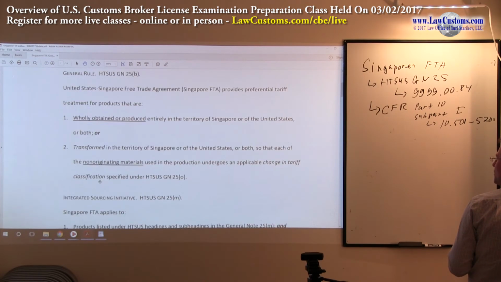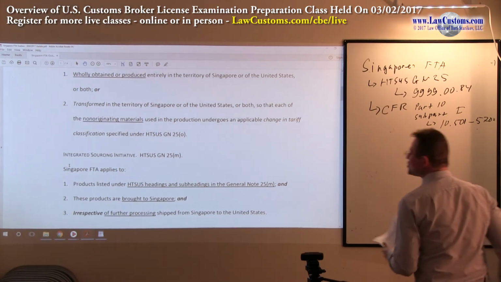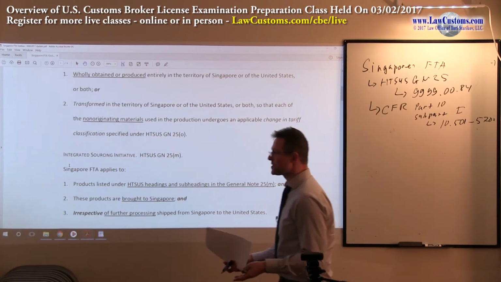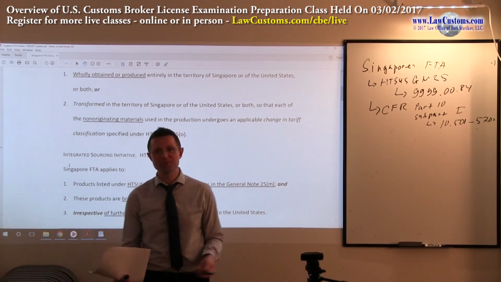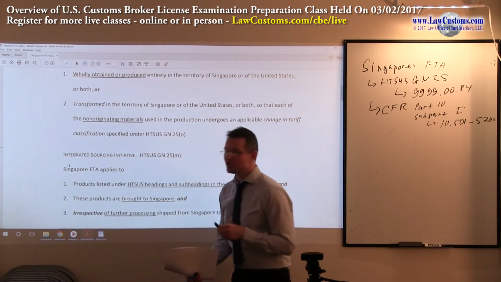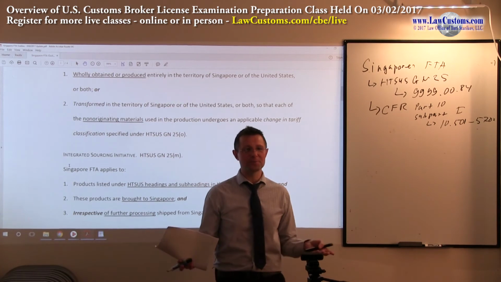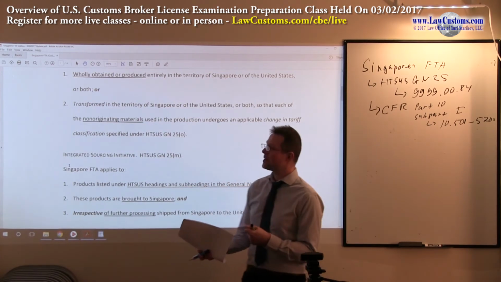All right, so we start off with general stuff, right? How do you qualify something for the Singapore Free Trade Agreement? Well, of course, pretty much the default, if it is made in Singapore, completely 100%, then it qualifies under the Singapore Free Trade Agreement.